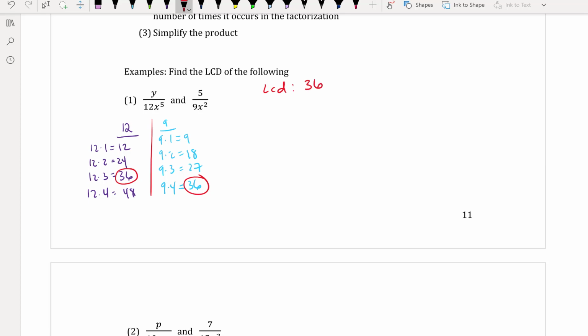The next thing I want to think about is if I have x to the 5th and x squared. So over here, I have an x to the 5th, and on the other fraction I have an x squared. So if I'm choosing between the x to the 5th and the x squared, you take the one that has the most, or is bigger.